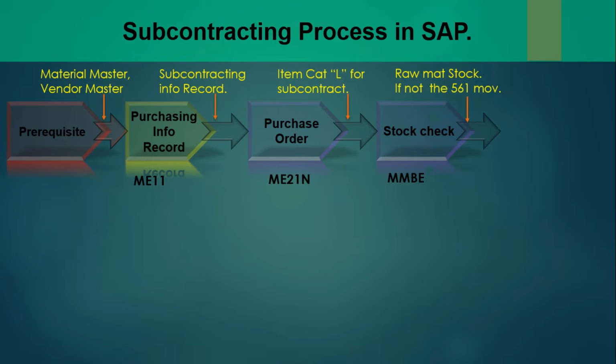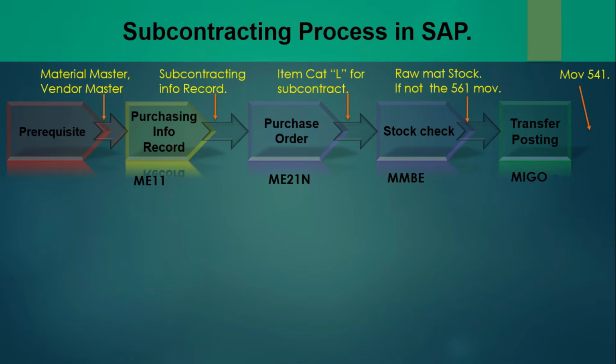Then we check stock if we have the raw material. In case we don't have raw material, for practice we may update initial stock directly using movement type 561, but in a real scenario we should have procured that material from an appropriate vendor and we should have that in our inventory.